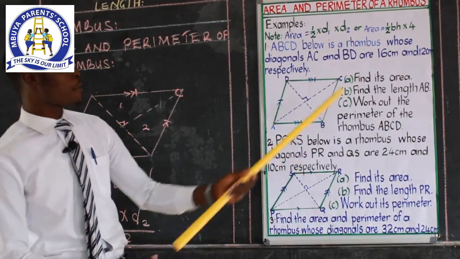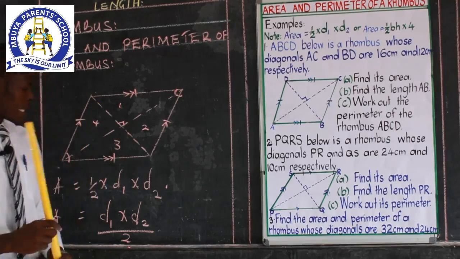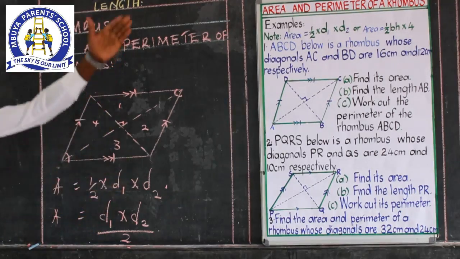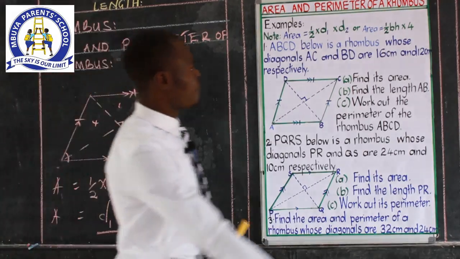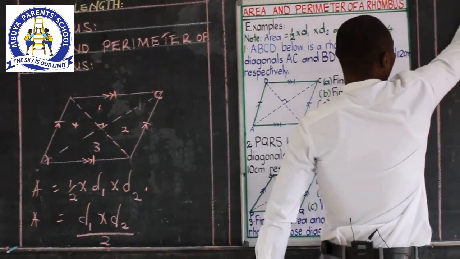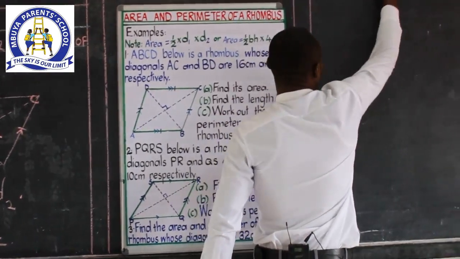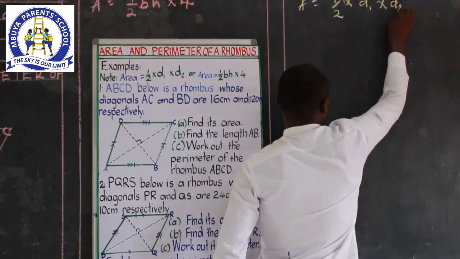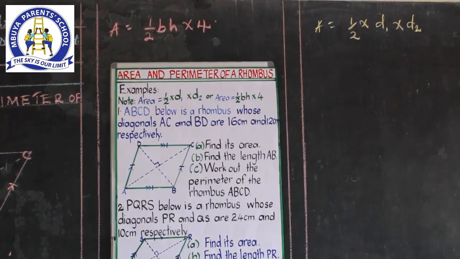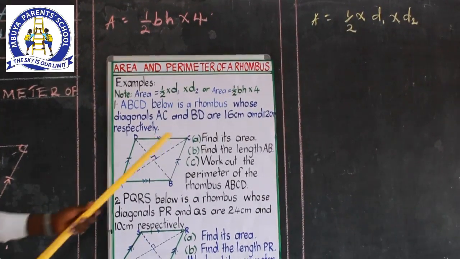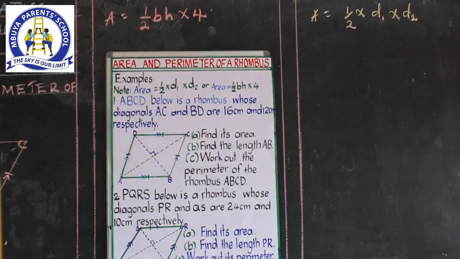So we've been requested to find the area of this figure. We're going to pick one formula out of the 3 and use that one. I wish to use the very first formula we stated, a half times diagonal 1 times diagonal 2. That's the very first formula we started with, and I wish to use that one to find the area of this figure, class. Right?